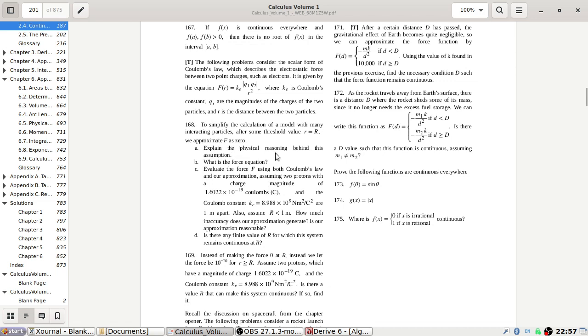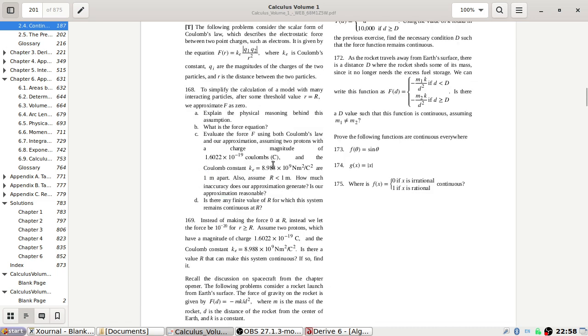Explain the physical reasoning behind this assumption. What is the force equation? I'm not sure what they mean here. I thought they meant what is just the equation with the improvement here. Evaluate the force F using both Coulomb's law and our approximation, assuming 2 protons.